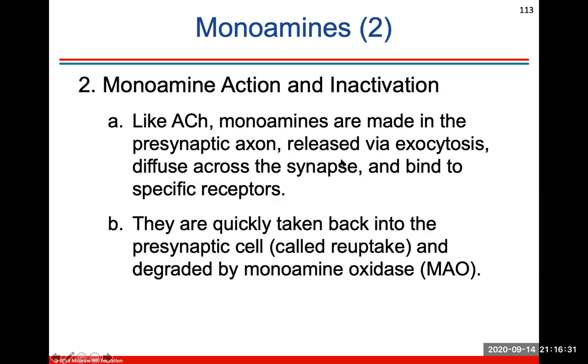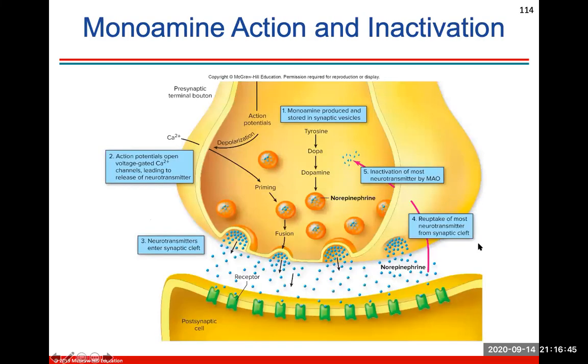They'll be released, diffused across, bind to receptors. They'll be taken back up into the presynaptic cell, and they'll also be degraded by what we call monoamine oxidase, which is another enzyme that will degrade them to control them. So this is monoamine action and inactivation, very similar to the acetylcholine action and inactivation.